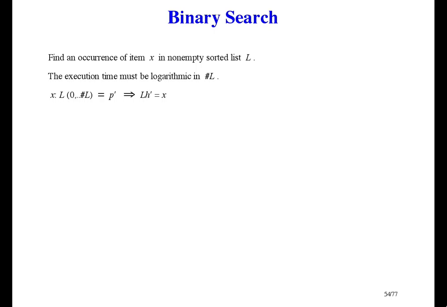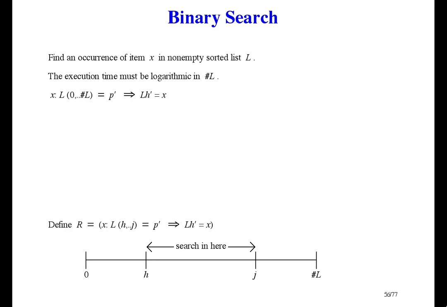In binary search, there's a segment of the list where the search continues, as in this picture. The segment starts out being the whole list and gets smaller and smaller until there's just one item left.